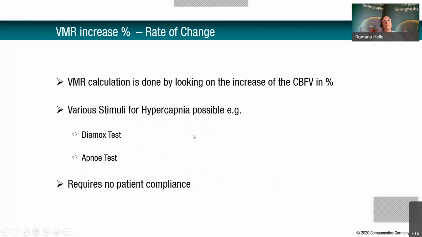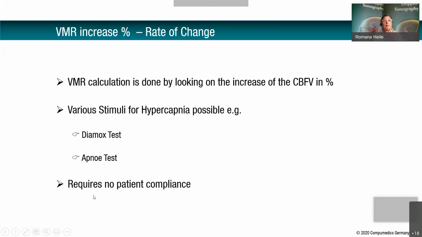There are two stimulations that can be used for this simple test. One is the DIMOX, which would be more reproducible, more reliable, and also would be mostly used for patients who are not able to hold their breath. And the apnea test is actually a kind of breath holding test. And also with the apnea test, there are different possibilities, different ways and different formulas to do that.